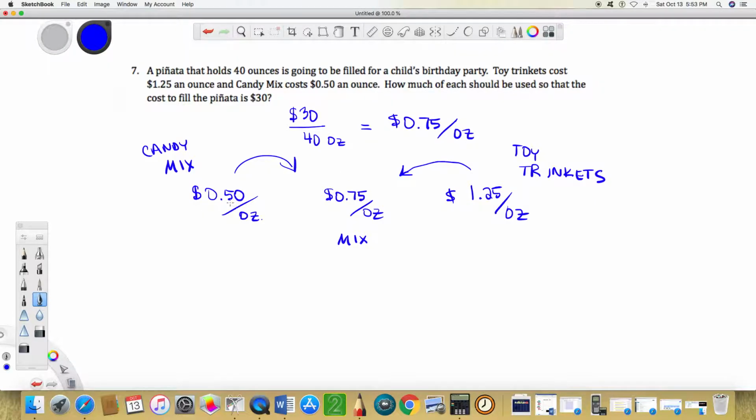It doesn't matter whether I call the candy mix X or the toy trinkets X. So I'm just going to call this X ounces, and we want 40 ounces. We want to fill the whole pinata.